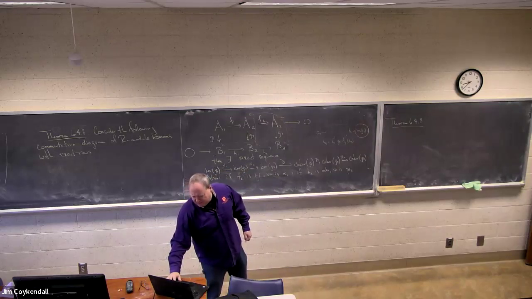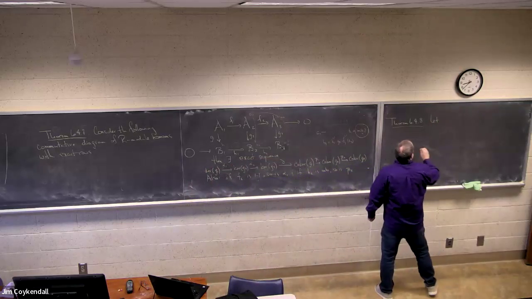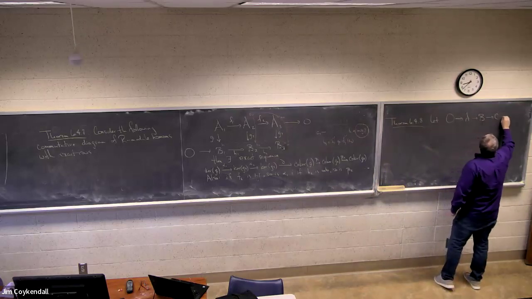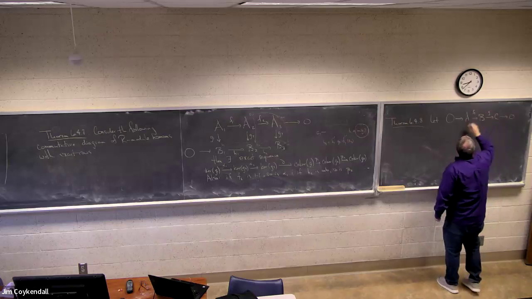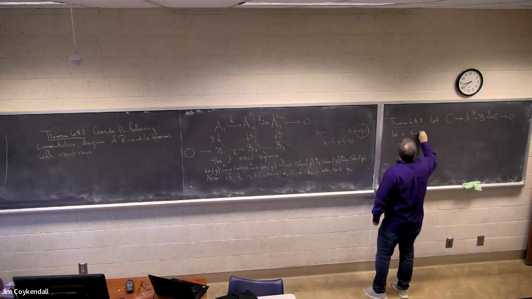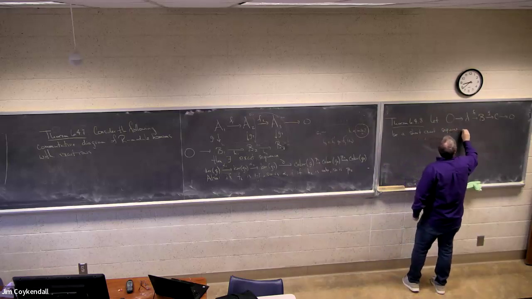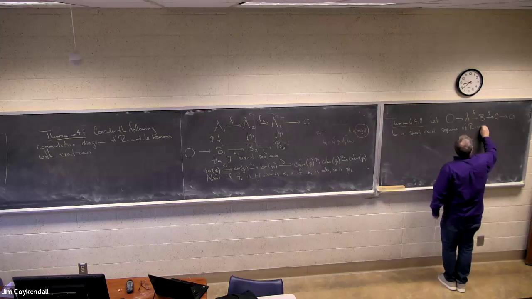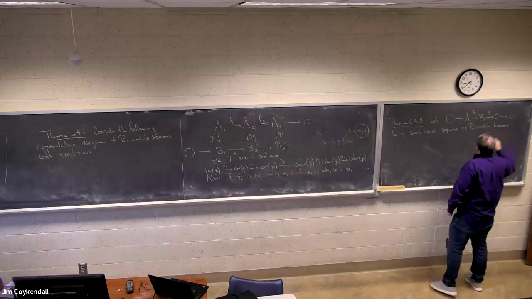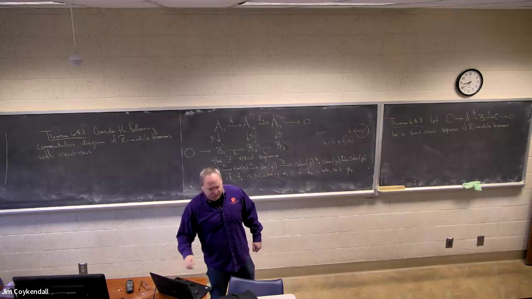You can assume commutative with identity. Let 0, A, B, C, 0 be a short exact sequence. The following conditions are equivalent.